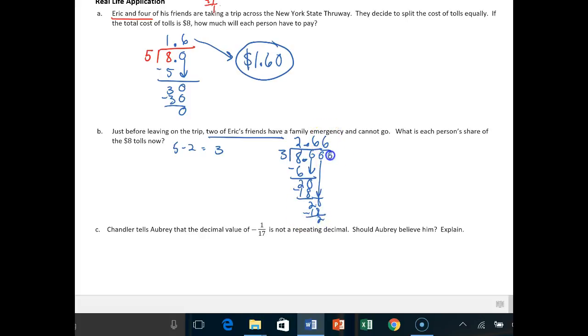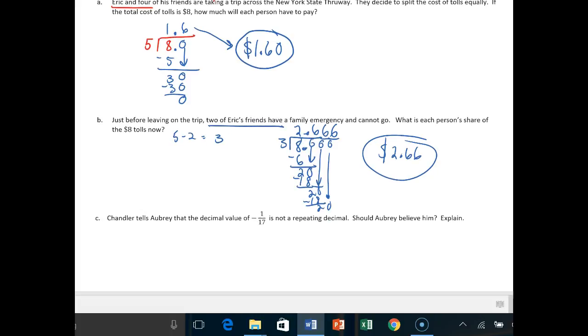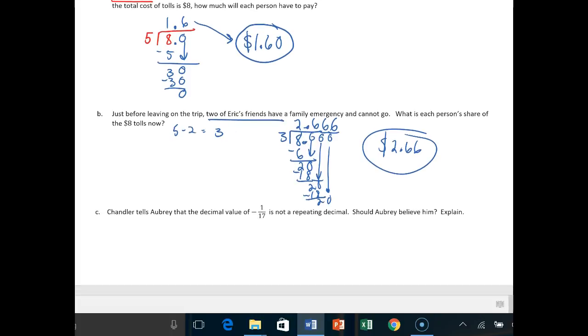It's just going to continue to be 6, 6, 6, 6. So each person has to pay $2.66, but really one person's going to have to pay $2.67. Because you can't tell the toll cashier, oh, I'll pay you 6, 6, 6, 6, 6 repeated. Not going to work.